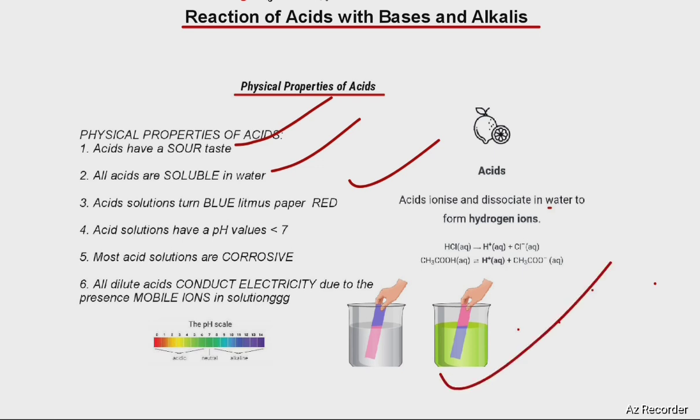Acid solutions have a pH less than 7, and most acid solutions are corrosive. All dilute acids conduct electricity, and we said this was due to the presence of different ions. You have both cations and anions.